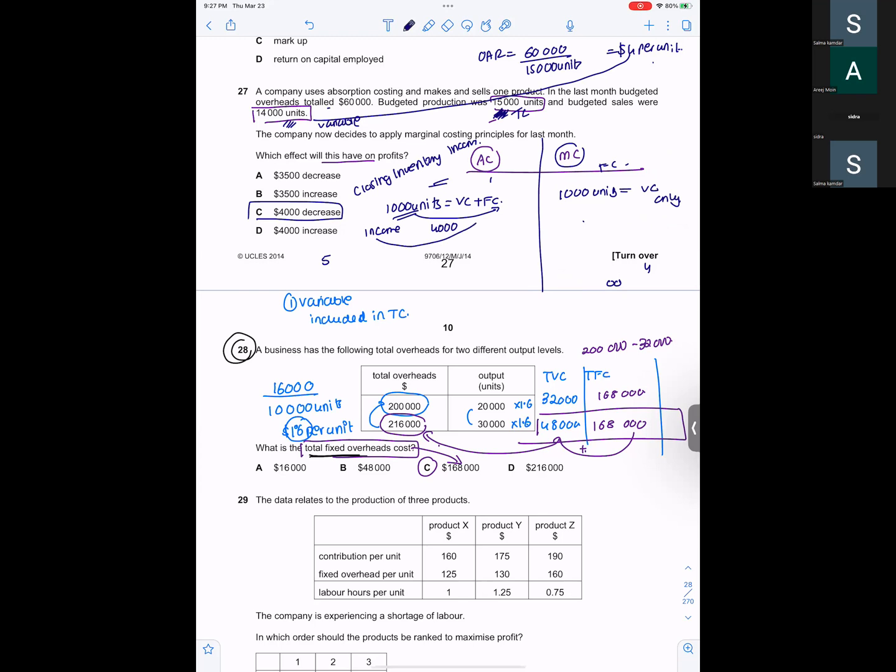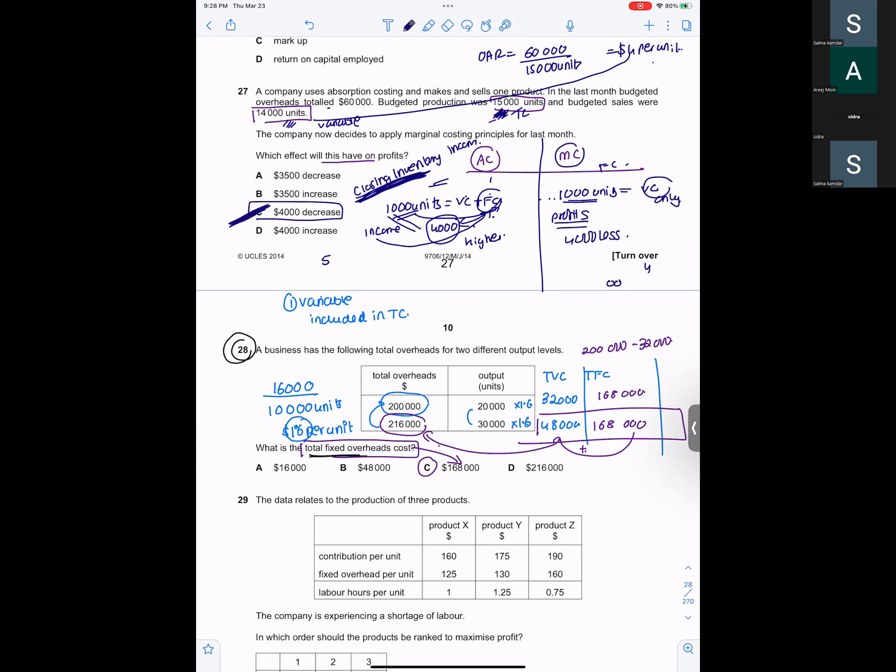So the effect on profit is a 4,000 decrease.